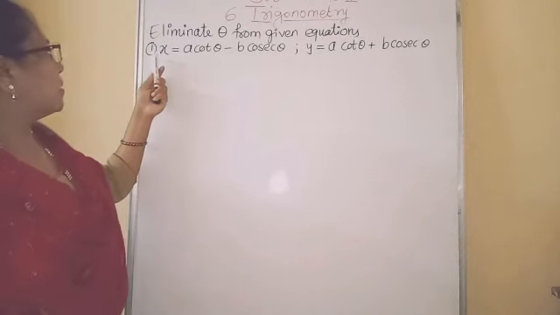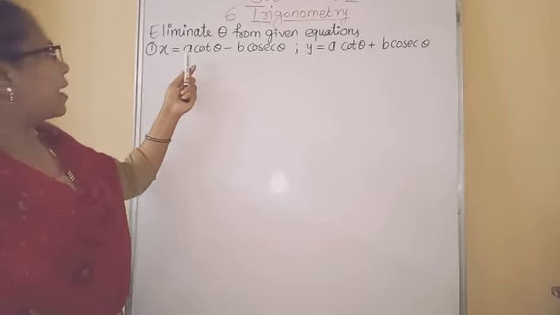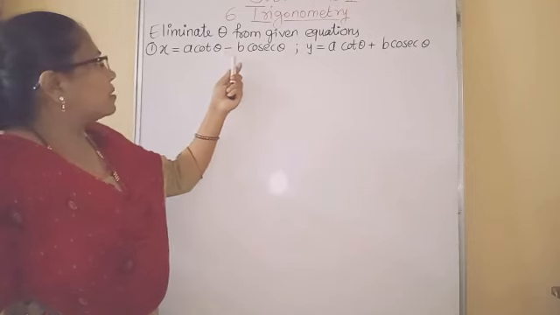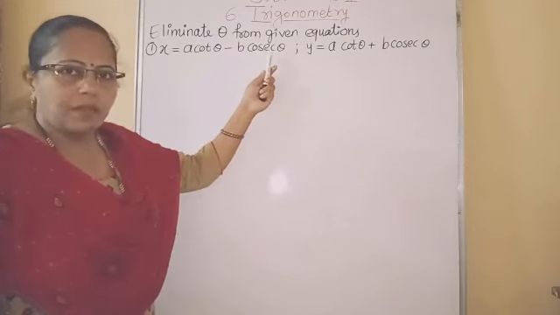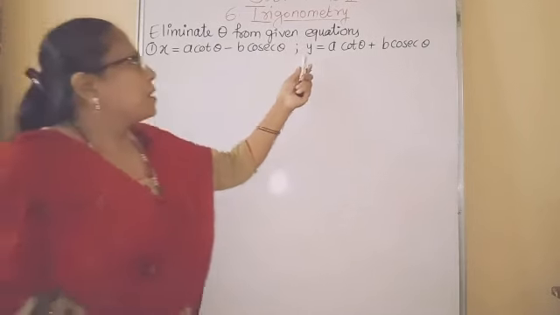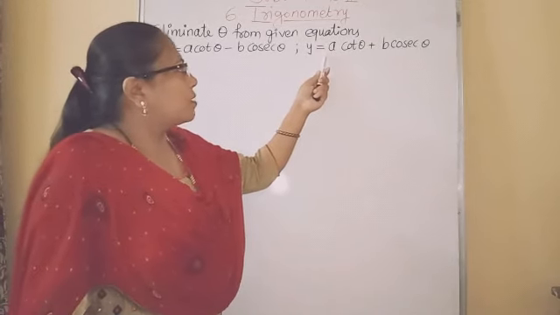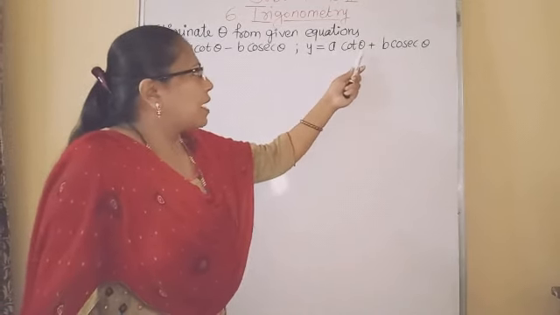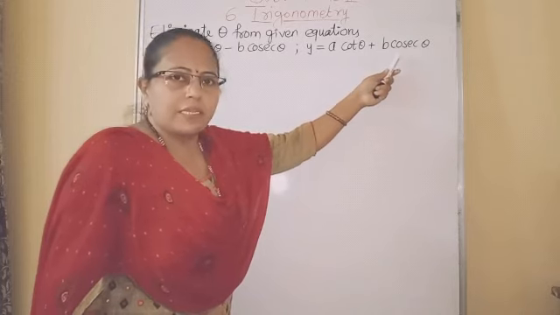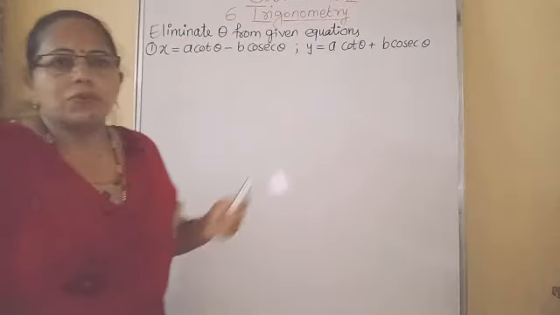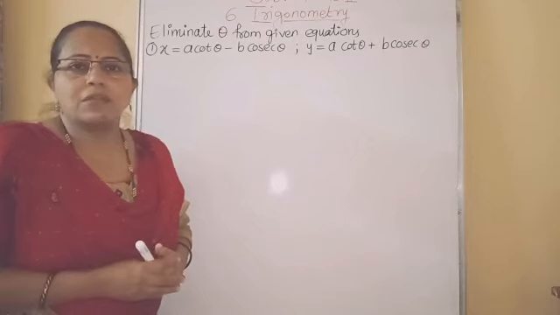The first equation is given: x is equal to a cot theta minus b cosec theta. This is the first equation. And the second one is y equal to a cot theta plus b cosec theta. Now students, we studied linear equations in two variables.